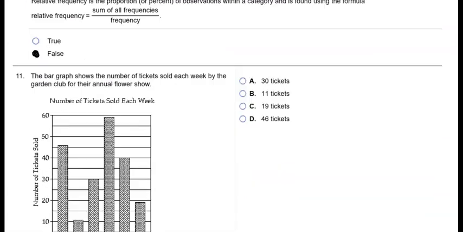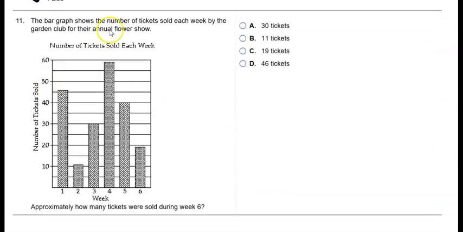Question number 11. The bar graph shows the number of tickets sold each week by the garden club for the annual flower show. Okay, so the number of tickets sold in each week: week 1, week 2, week 3, week 4, up to week 6. The question asks approximately how many tickets were sold during week number 6.